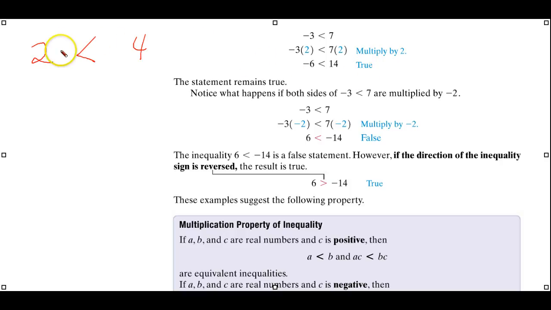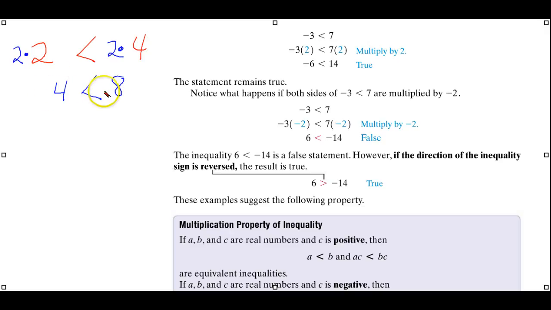But we're going to show you where the one difference occurs. If I write this, 2 is less than 4, that's true. And if I multiply the 2 and the 4 by 2, I now get 4 is less than 8.